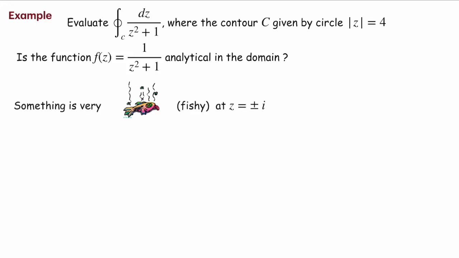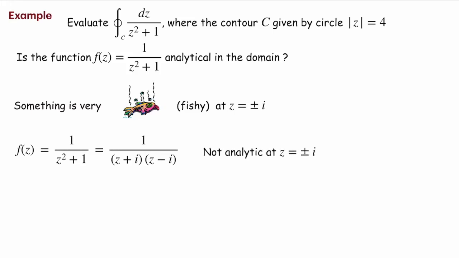And then by looking at the function, we see that something very fishy is happening at z equal to plus or minus i, and both these points are not analytic. We can write f of z as 1 by z square plus 1 as 1 by (z plus i) times (z minus i), and we clearly see that at z equal to plus or minus i, this function is not analytic.